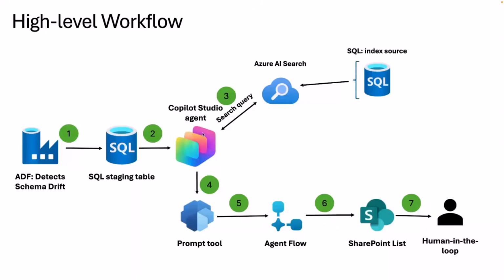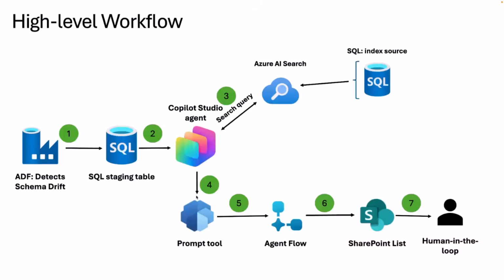incoming payload and send that to Azure AI Search. Azure AI Search has its index from the metadata table, and it will find the relevant information and send it back to the agent. The agent will use the topic, store that information temporarily, and then send it to the prompt tool.